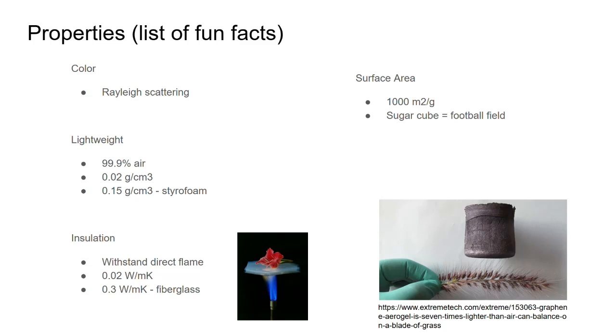Finally, some interesting facts I can mention is that relatively it's pretty strong, able to support thousands of times its own weight, which probably doesn't mean much given that it's so light. Also, it's hydrophobic, which I'll talk about in the next slide too. Alright, so let's delve into how these properties have been put to use. Its most useful property is possibly its insulative ability.